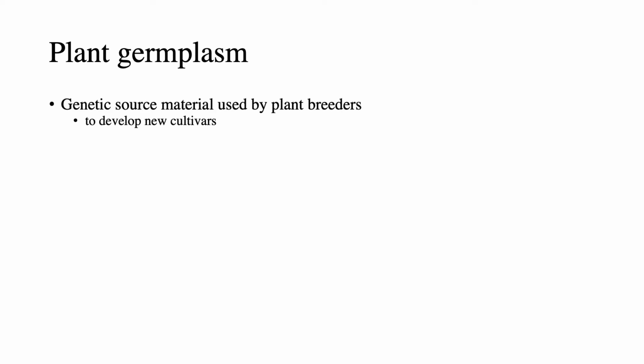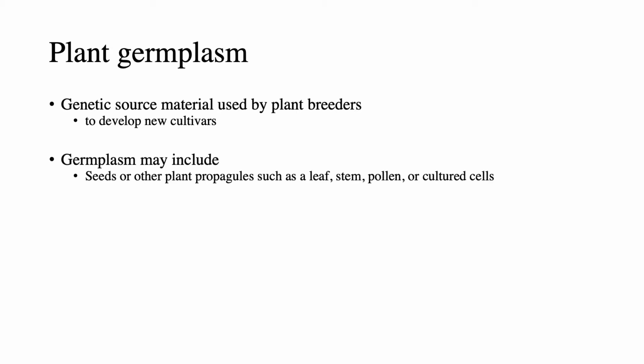So first, we should learn about plant germplasm. Plant germplasm is basically a genetic source material which is used by the plant breeders to develop new cultivars. The germplasm may include seeds or other plant propagules such as leaf, stem, pollen, or other cultured cells that could be grown into mature plants.